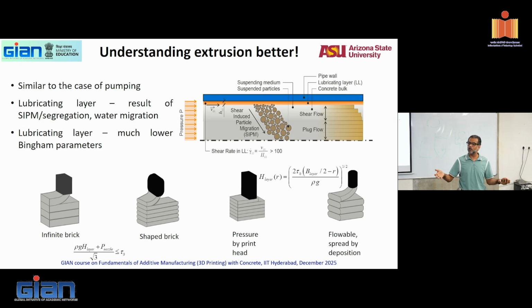All of you have demolded concrete from your molds? And have you tried demolding when you did not put in oil? You forgot to put in oil and then you want to demold. You know the difference, right? So that is a lubricating layer, and if you have oil, what you get is a plug flow. The whole thing will come out very nicely. If not, you will have lots of shear on the edges.